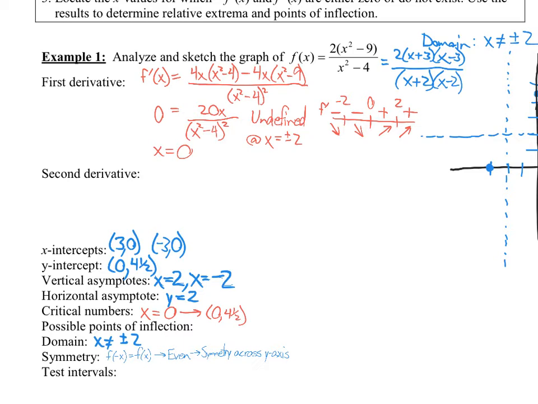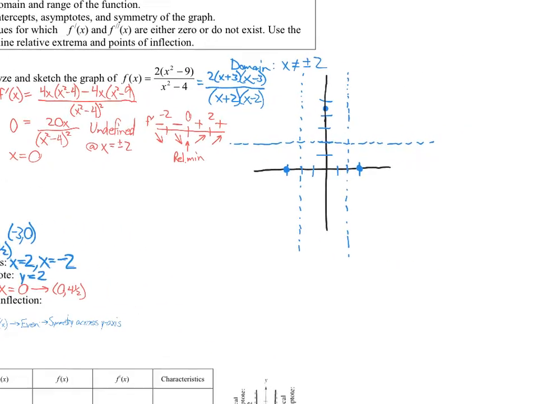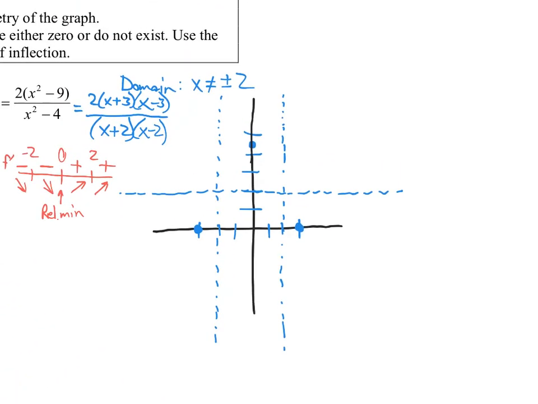At this point, guys, we actually have a really good idea of what this thing looks like, because this right here is a relative min. If I come over here to what I've already drawn, I can see it's decreasing as I go from -infinity up to -2. As we go to the left, it's approaching this horizontal asymptote.